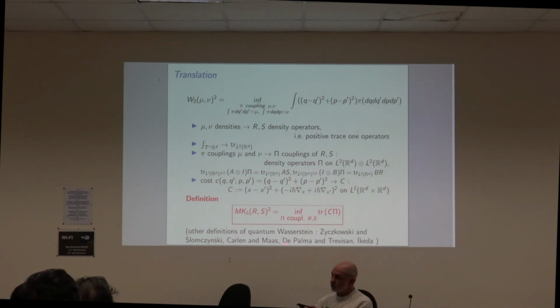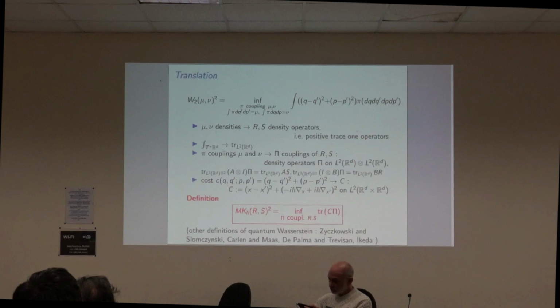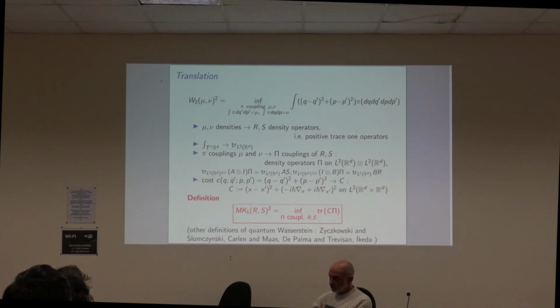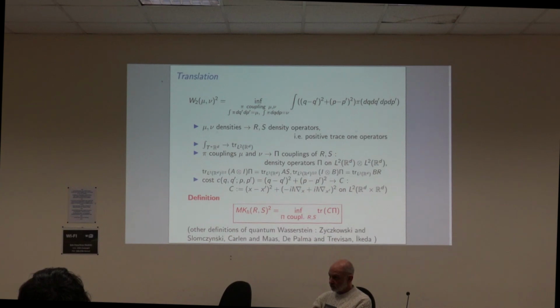Another one by De Palma and Trevisan, and Ikeda also, related to some object coming from quantum computing. I must say, not to make publicity, but our definition in a certain sense, and this is how I motivated it, is the simplest one, I mean the one which fits best with the classical one.